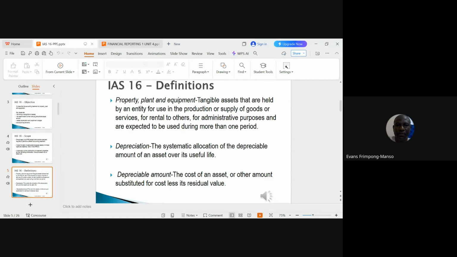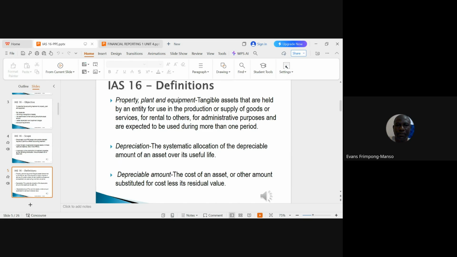So what is plant? What is property? And what is equipment? So we say property, plant, and equipment, and I use the term non-current assets. If they are non-current assets, it means they are tangible assets. And the essence is that the entity will hold these assets to help them to produce goods and services, or to rent them to others, or use them for administrative purposes.